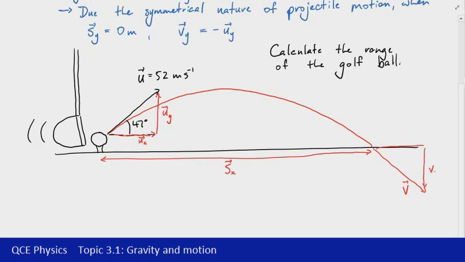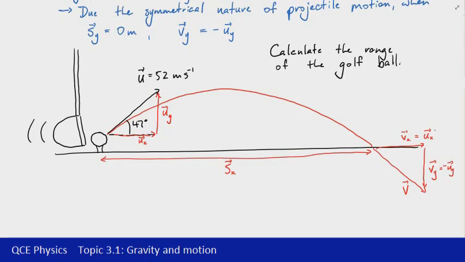So that's going to be Vy, which is equal to negative Uy, and that will be Vx. Given that there's no acceleration horizontally, we know that Vx is going to be equal to Ux.